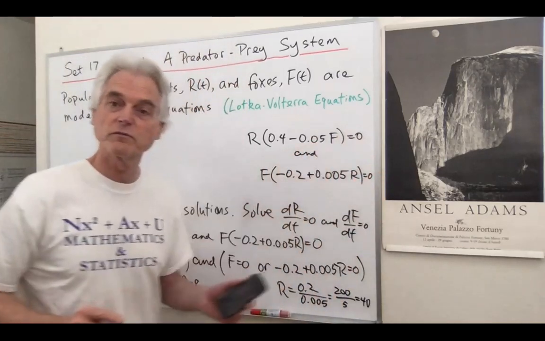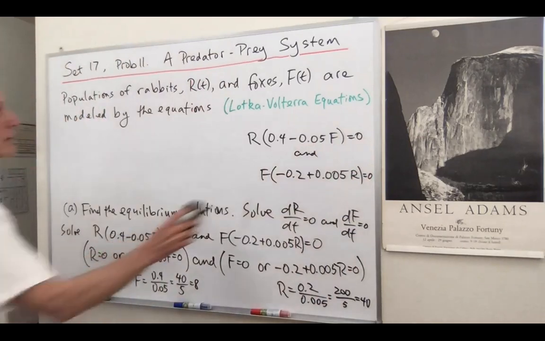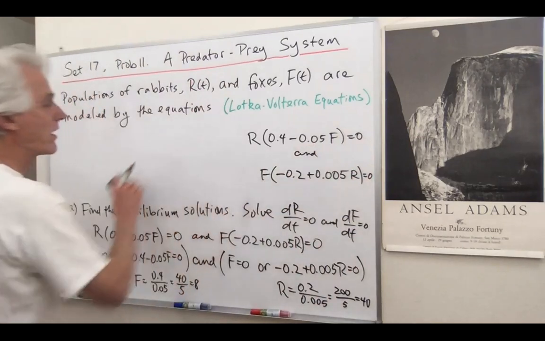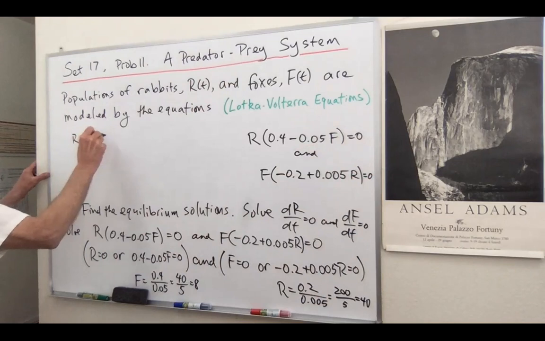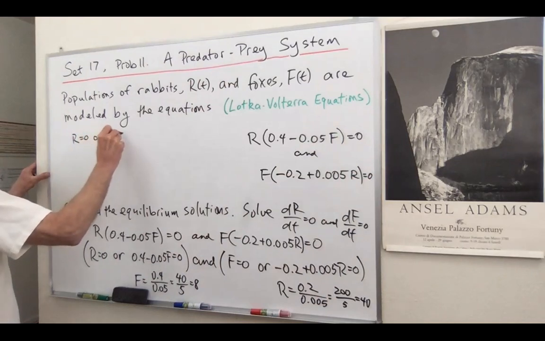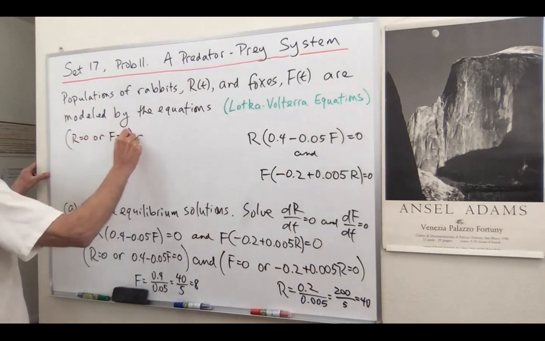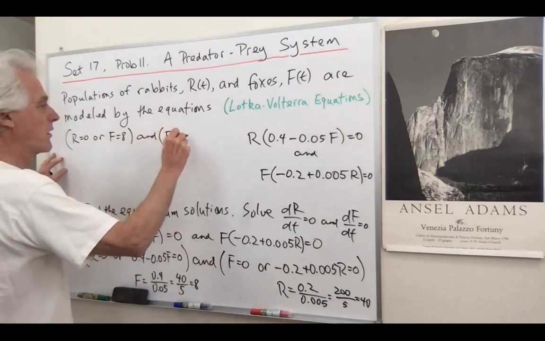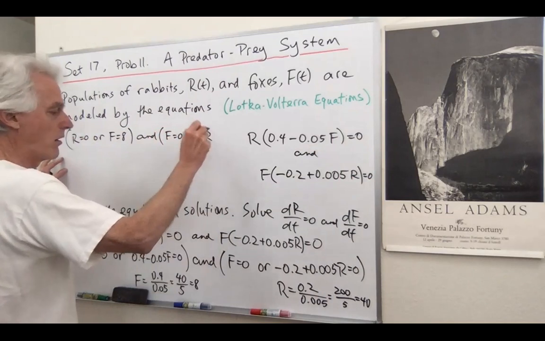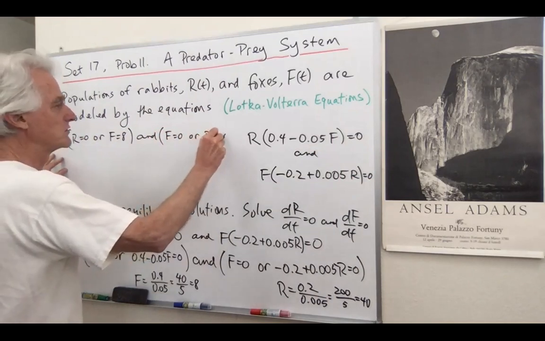We've got to have both of them 0 at the same time. So let's summarize what we got. We have r equals 0 or f equals 8. And we have f equals 0 or r equals 40.